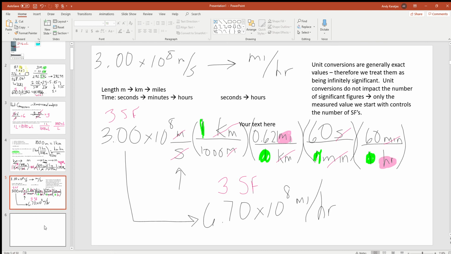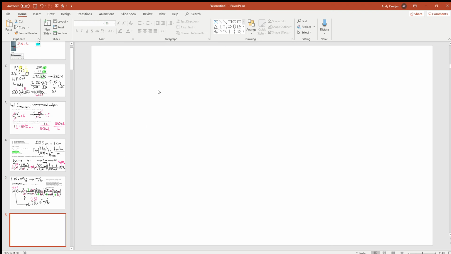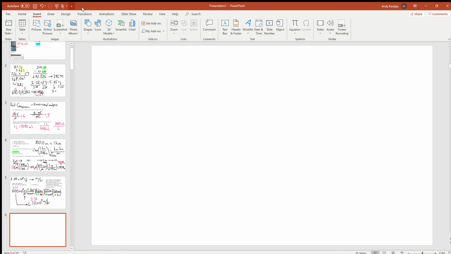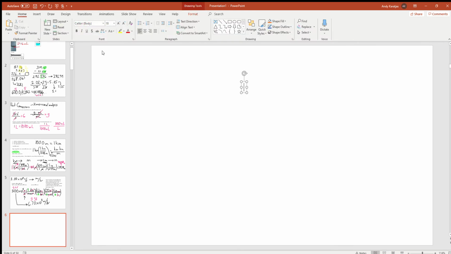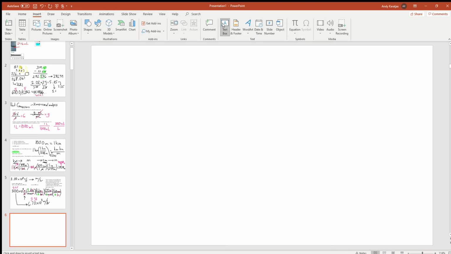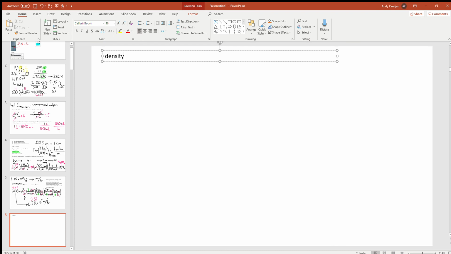Now, the last thing we're going to need before we finish this section and we start some practice work is to look at density. Density is the ratio of mass of an object to its volume.